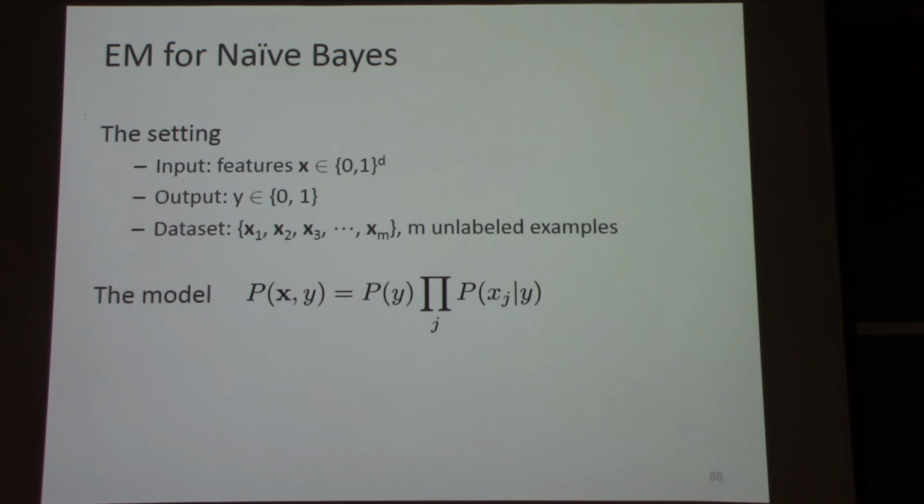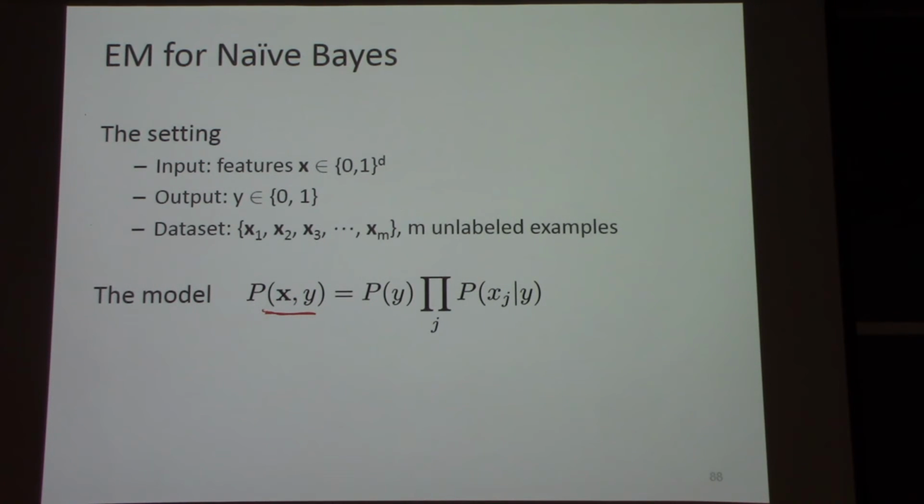So the first step that you need to do to instantiate EM is to write down the generative model. You need to somehow say, how is a complete labeled example generated? In other words, you need to come up with a functional form for P(x, y). Naive Bayes, we already know how to do that.